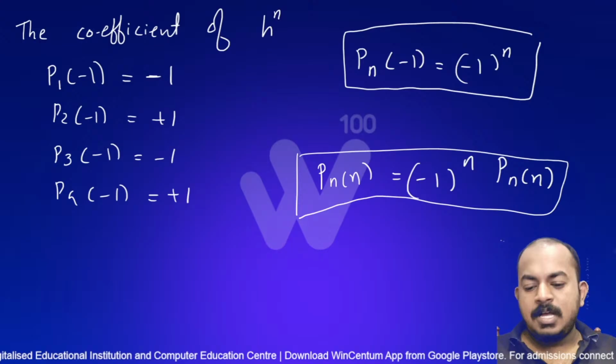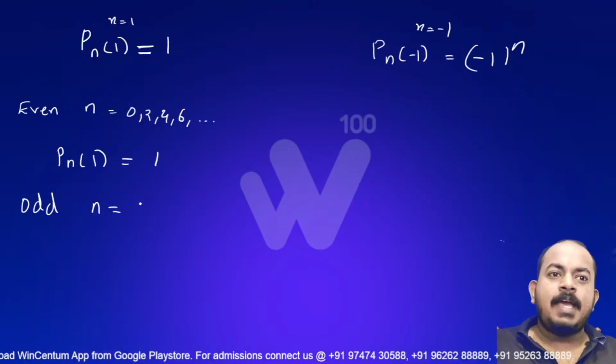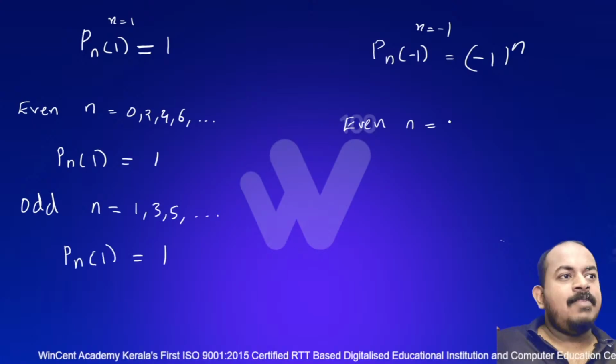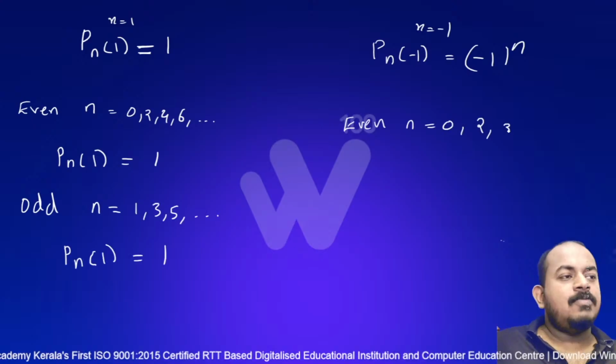And for odd n also, which are the odd n, 1, 3, 5, and so on, Pn of 1 is 1. But here, for even n, 0, 2, 4, 6, and so on, Pn of minus 1 is 1.